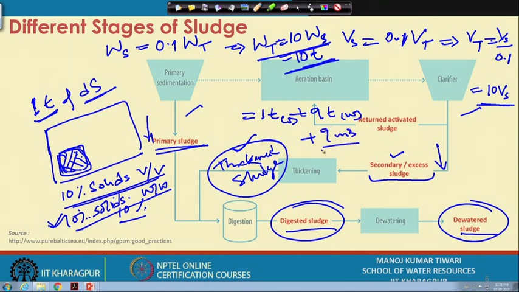And when you are having this 1 ton weight of solids, the volume depends on the specific gravity, on the density of the solid. Let us say the density of solid is rho s, in kg per meter cube.